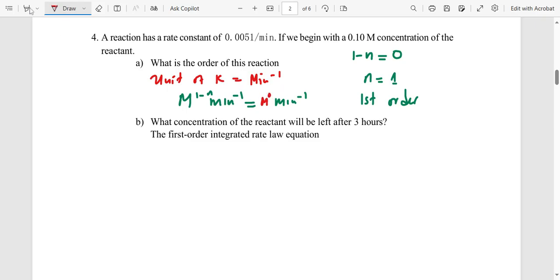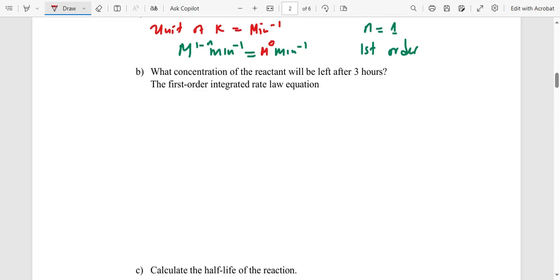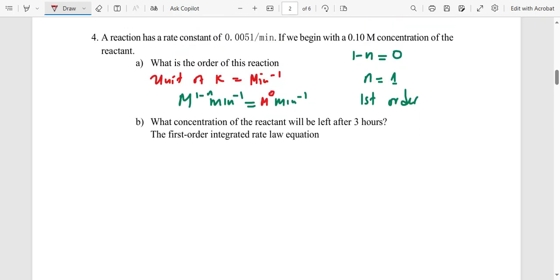Okay. The next question is saying, what concentration of the reactant will be left after 3 hours? Now remember, we have got the rate constant and we have the initial concentration.